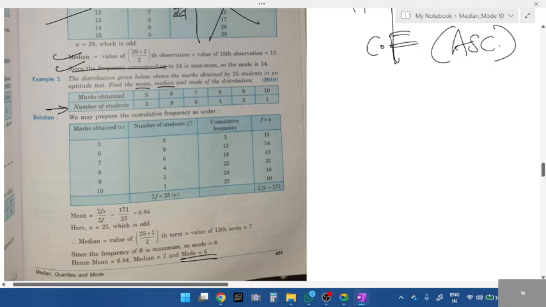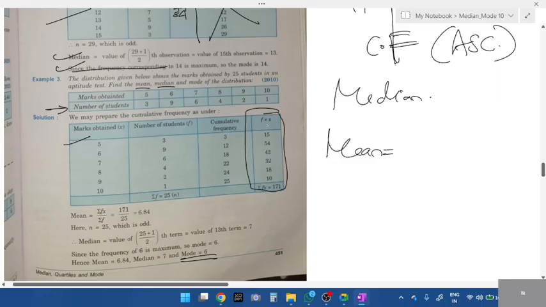Okay, I'll give you all 5 minutes. Just go through this. Whoever wants, practice it. Look at it. Marks obtained, number of students, cumulative frequency. The first three are taken for median. I'll give 10 minutes, after that I'll solve. Next. They have asked us even to find the mean. Can you see for mean they have created an f of x column? Third, fourth column is for median.